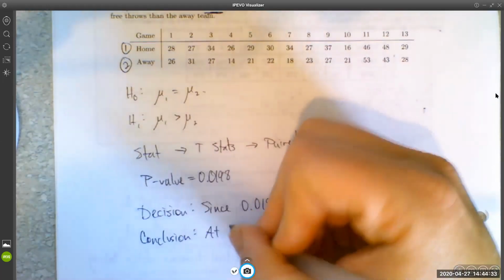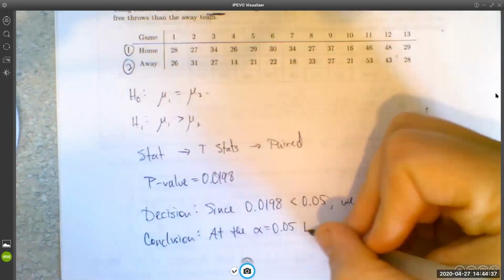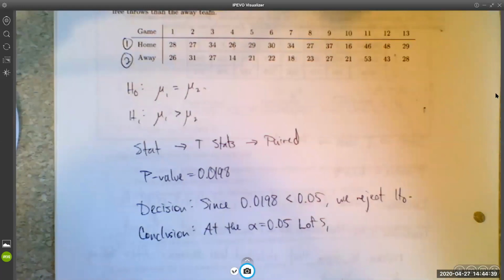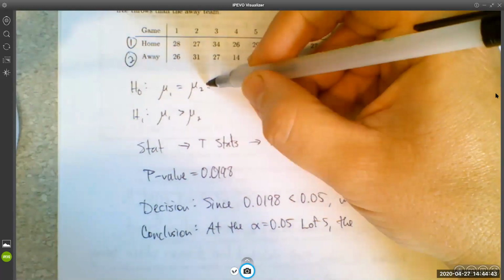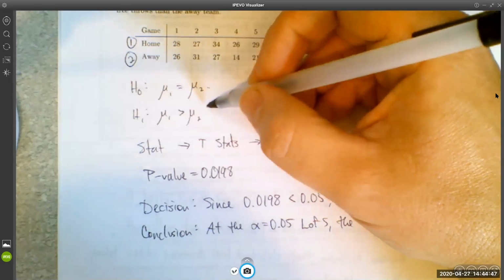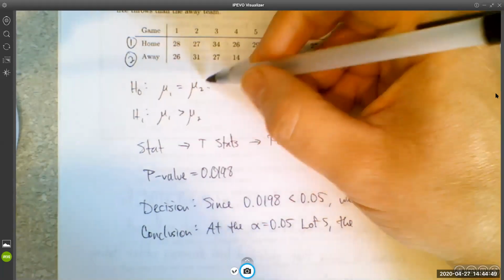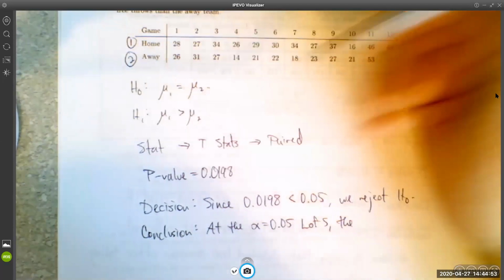So at the 0.05 level of significance, since we're rejecting the null hypothesis, that means there's evidence to support the alternative. So there's evidence that the home team shoots more free throws than the away team.